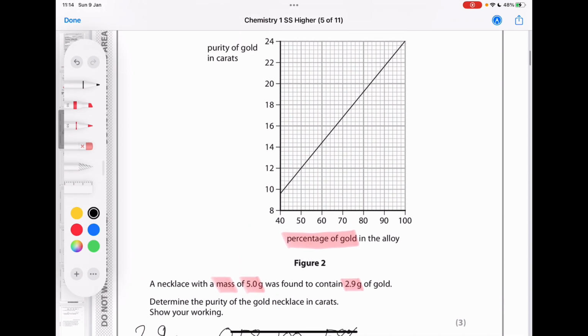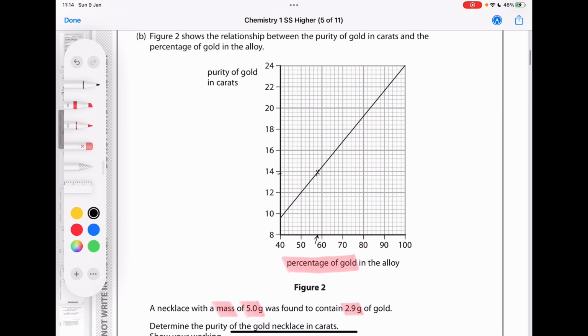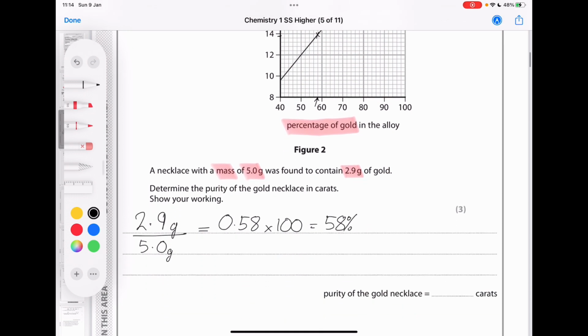I should then have looked at my graph and said 58% is on this line here, so I should have read up my graph to this point and then read across here and got an answer approximately there. Depending on exactly where you read your line, you were allowed a number anywhere between 13.8 to 14.0.